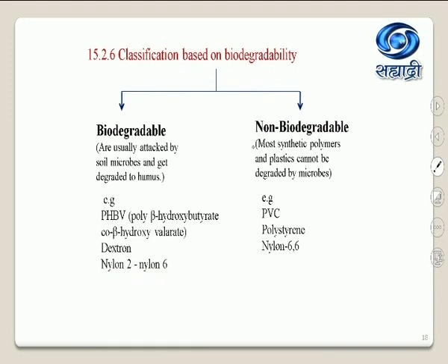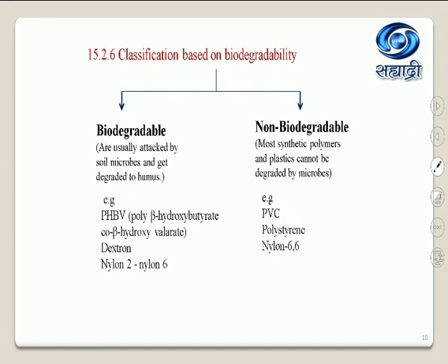Now another category is non-biodegradable polymers. That means these polymers are not decomposed by microorganisms present in the soil, and therefore most synthetic polymers and plastics cannot be degraded by microbes. The best example is the PVC pipe which we use for irrigation.